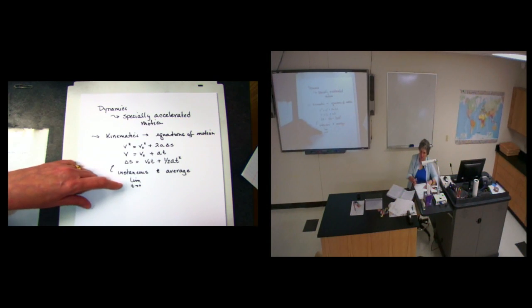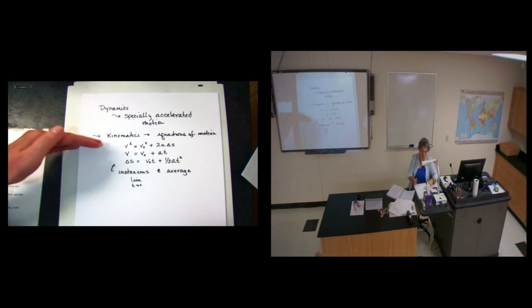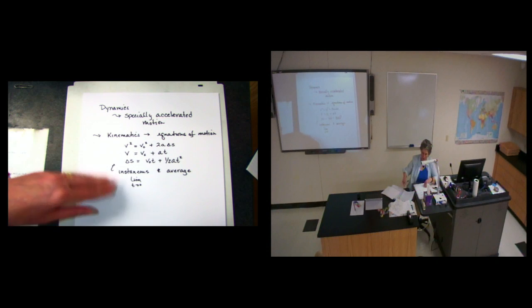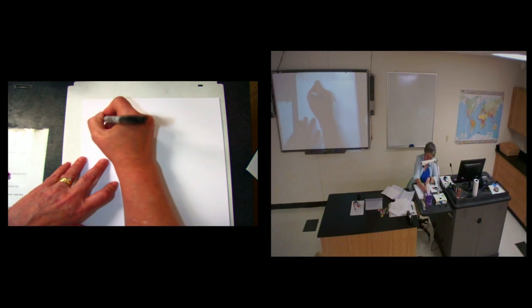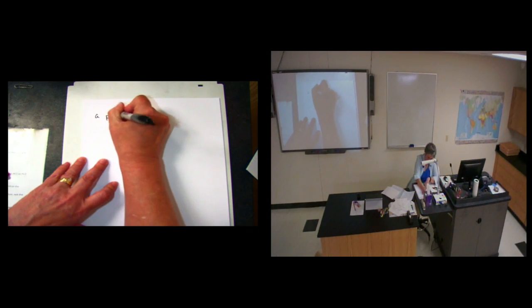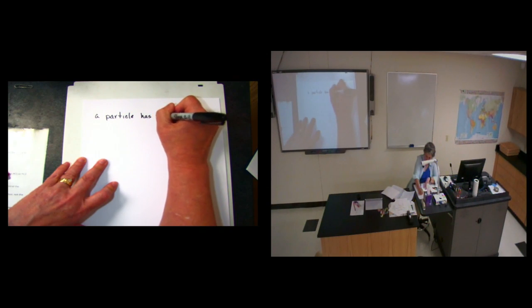A rigid body is made up of a combination of particles at a fixed distance from each other, and the shape does not change.